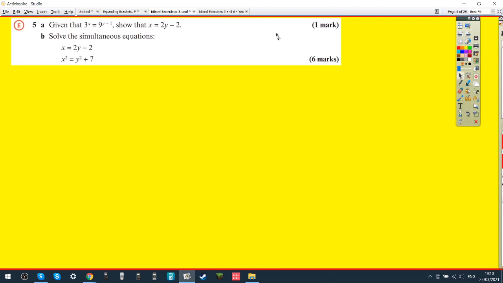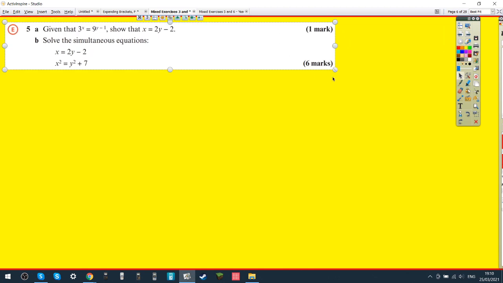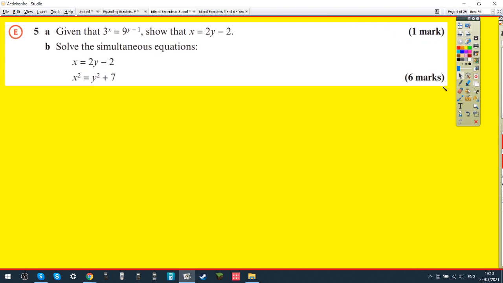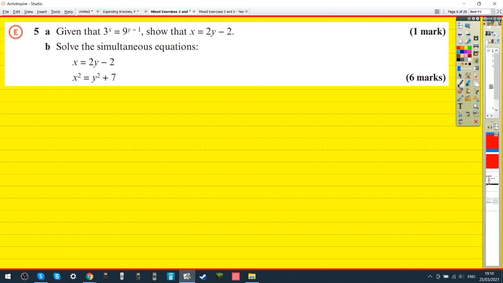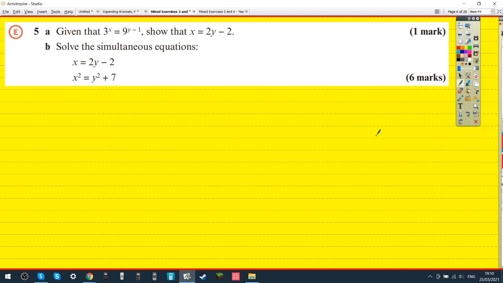Okay. Yep. All right, how do we do this? So would we substitute into the 3 to the power of x? Would you substitute 3 to the power of 2y minus 2?